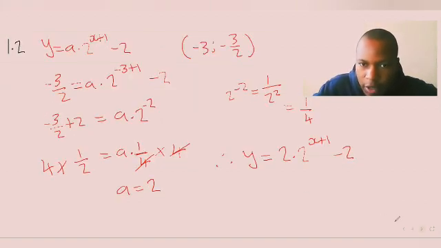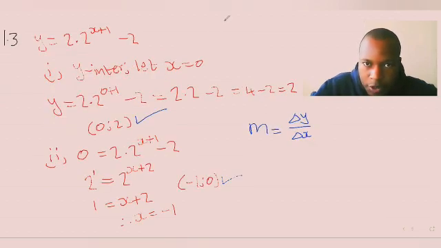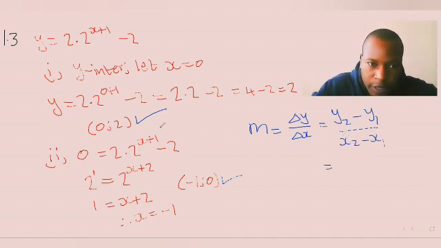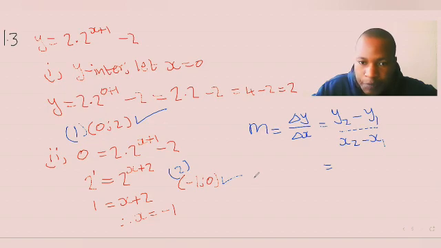To do so, we would again just use the gradient formula: y2 minus y1 divided by x2 minus x1. We can choose this point to be 1 and this one over here to be 2.